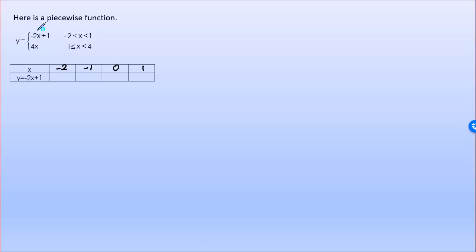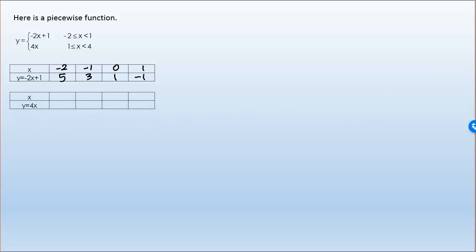So if x is -2, I've got -2 times -2, which is 4, add 1, gives me 5. If x is -1, -2 times -1 is 2, add 1 is 3. Clearly when it's 0 it's going to be 1, and at 1 it's going to be -2, add 1, which is -1. Now let's look at the 4x.